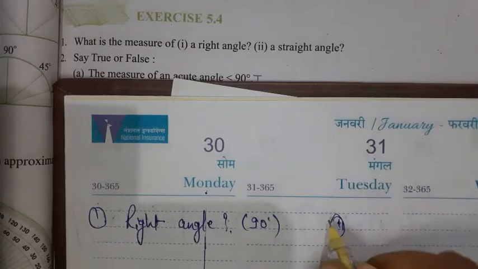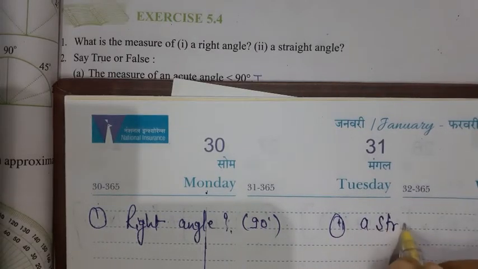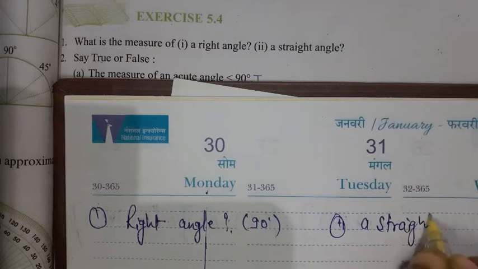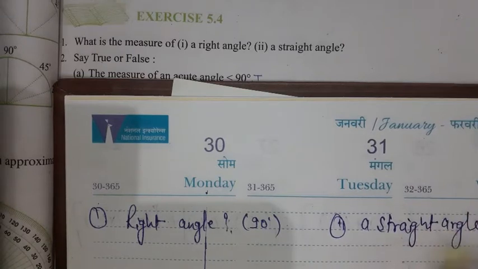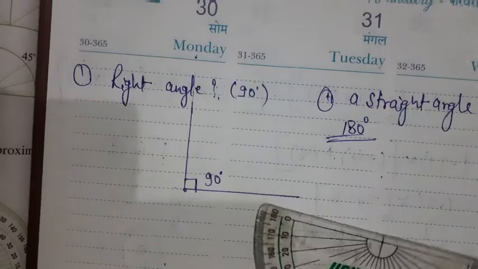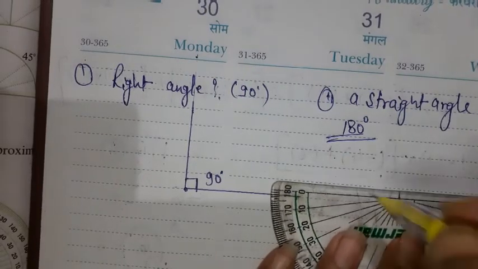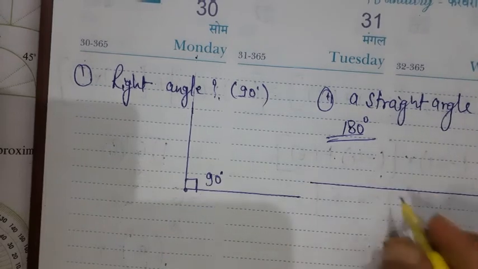Next is a straight line. So a straight line makes 180 degrees. That means this is the straight baseline.